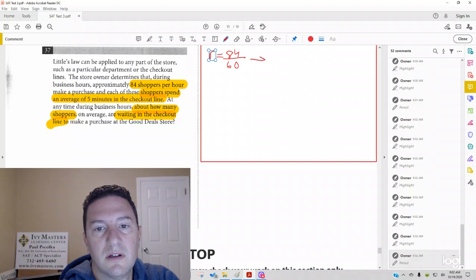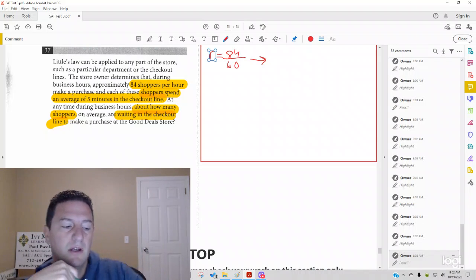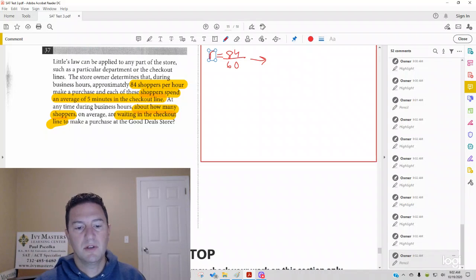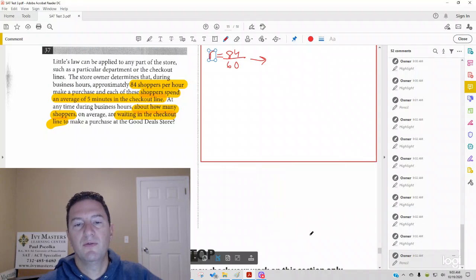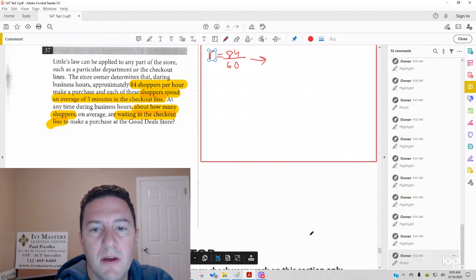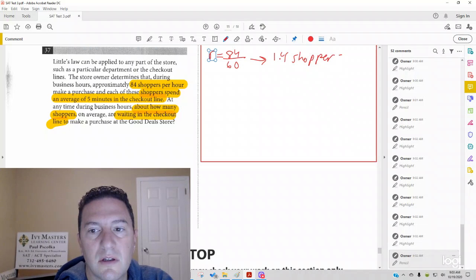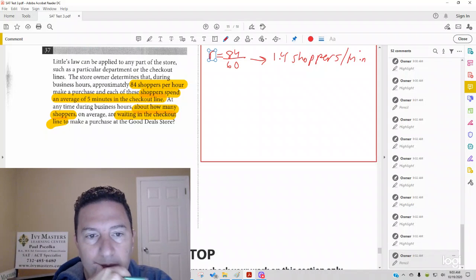So we could figure out what 84 over 60 is. Just going to pull up the little calculator over here. And it winds up being 1.4. This is with Calc Math, so I'm not cheating. 1.4, and that's shoppers per minute. And that's your R.